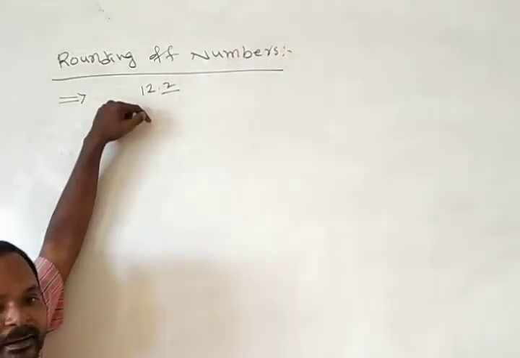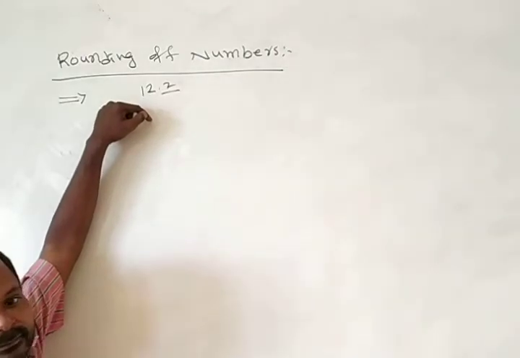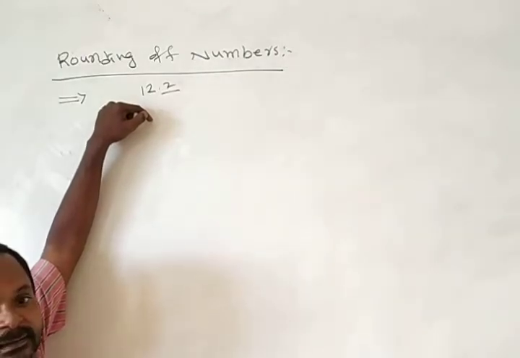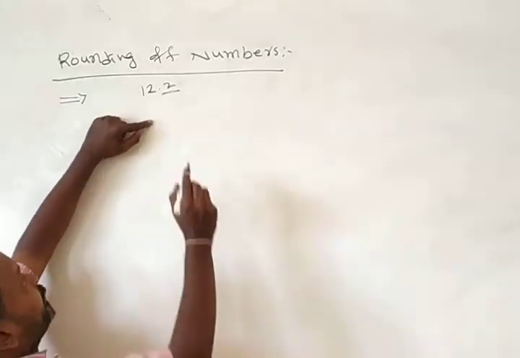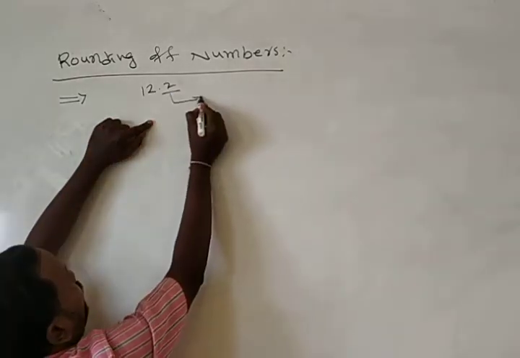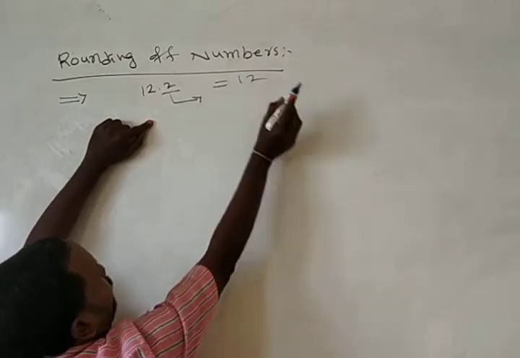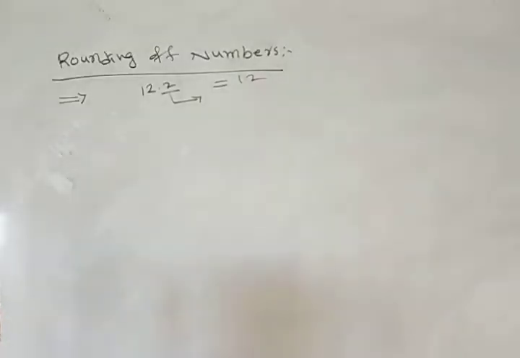If the dropped number is less than 5, then remove the dropped number and write the simple number.